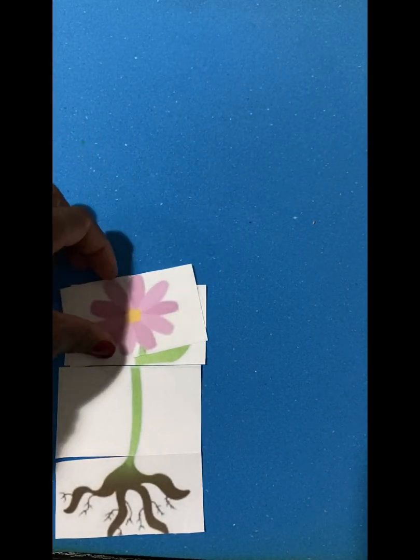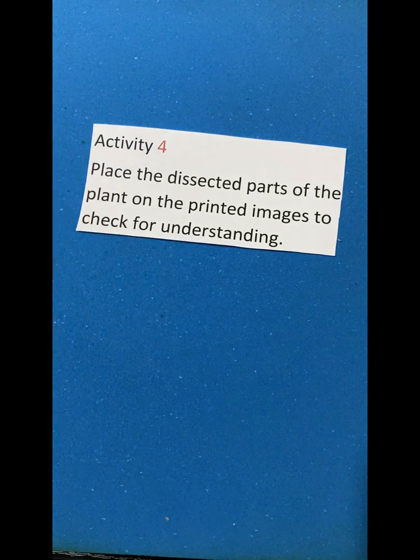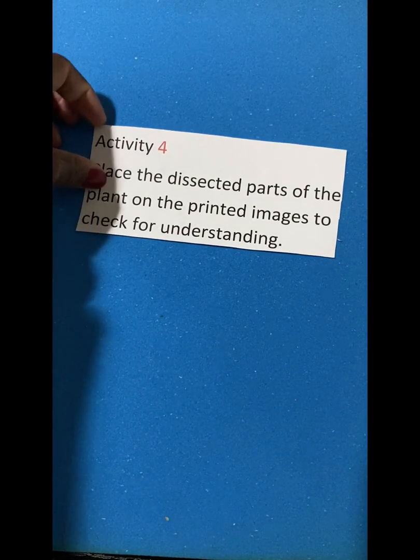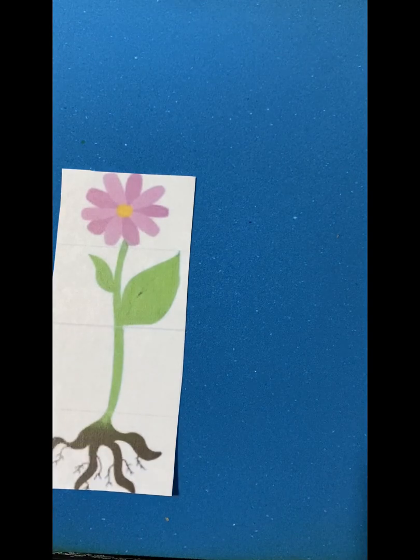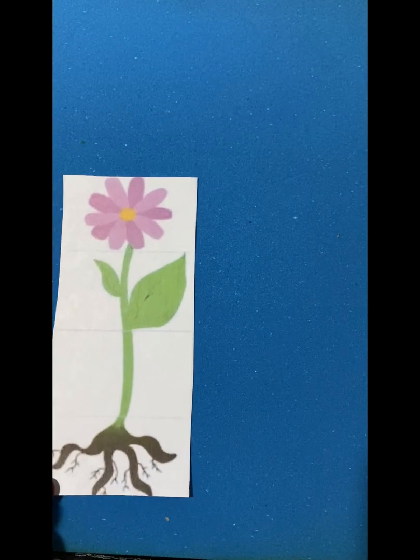Activity number 4 would include placing the dissected parts of the plant onto the printed images to check for understanding. So again, you would start with our model, and the students would now get to dissect and find the parts.